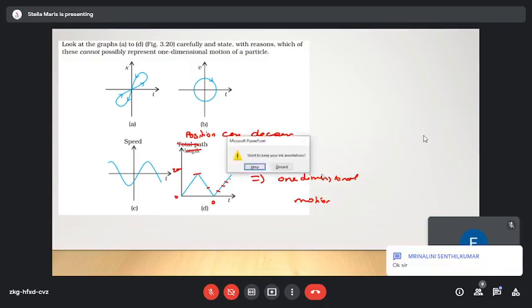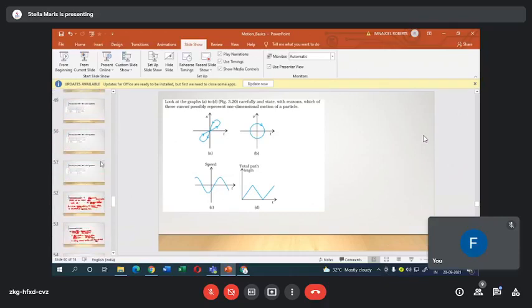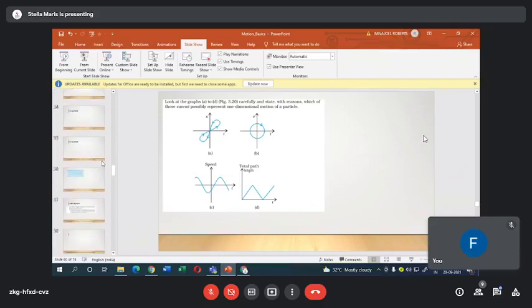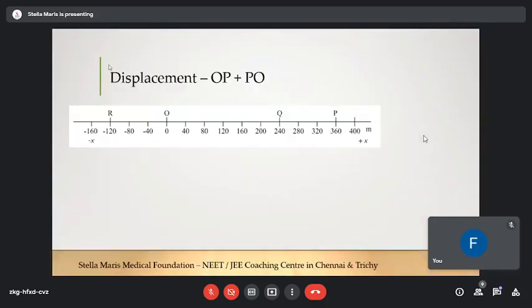Similarly, here I'll take the same example. I'm saying this is distance. This is PQ.